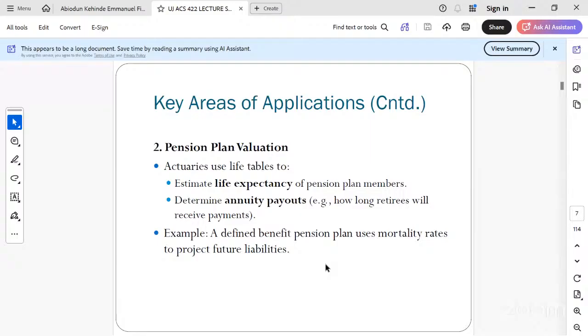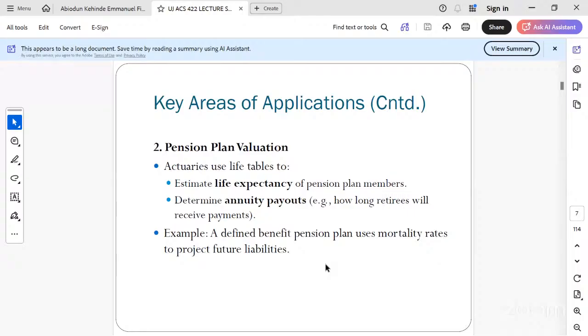For potential retirees, you might want to know, based on the prevailing mortality rate, when you retire, whether you expect to survive beyond a particular age requirement.